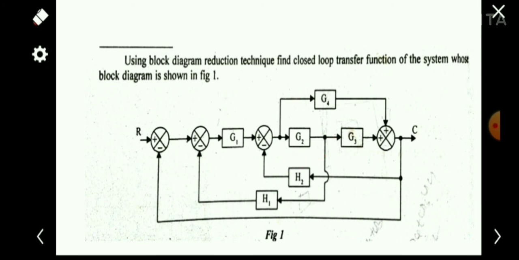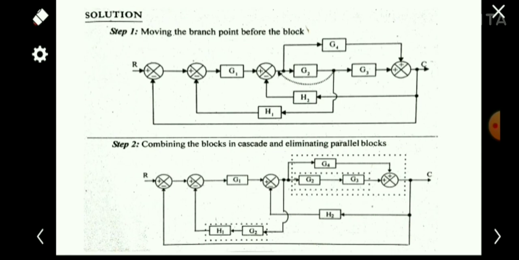Okay, in the next figure you can see that we are moving this branch point before this G2. Based on the rules, if we are moving a branch point before the block G2, we have to add a block G2 in the same line.